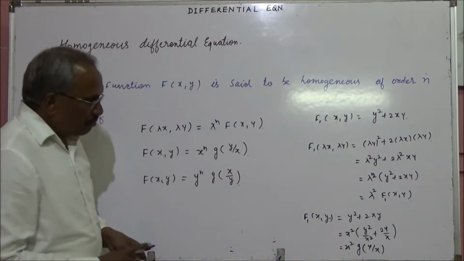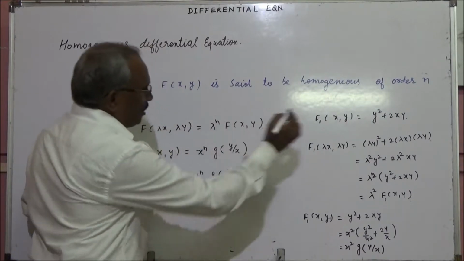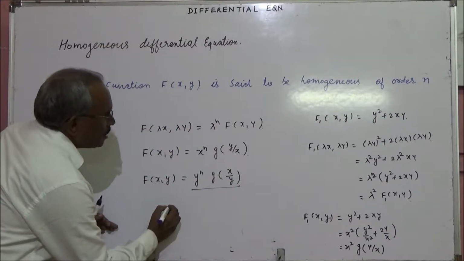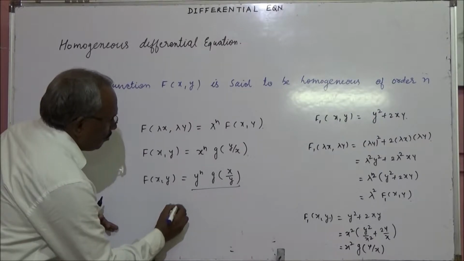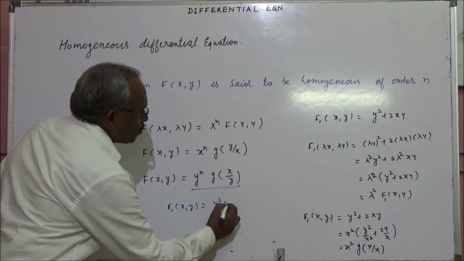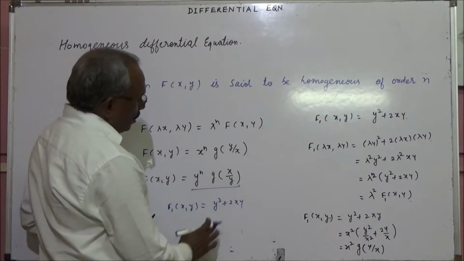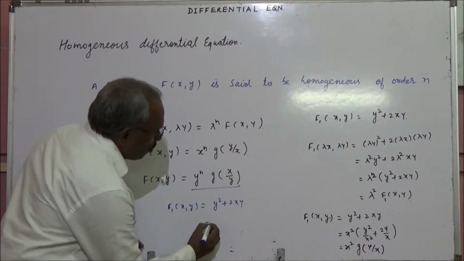Or this can be also written as, हमको इसको ये देखना है. So what is this here? f1(x, y) is equal to y square plus 2xy. So what is the degree of this here? 2. So take out y square common.